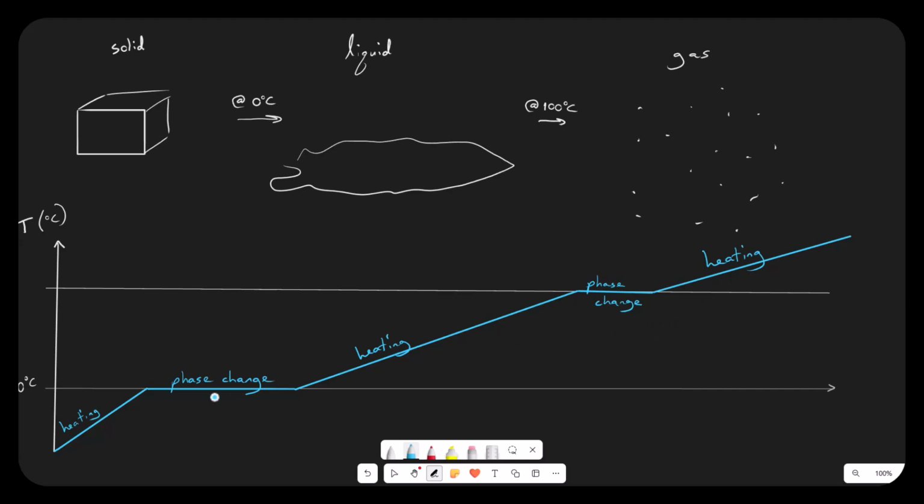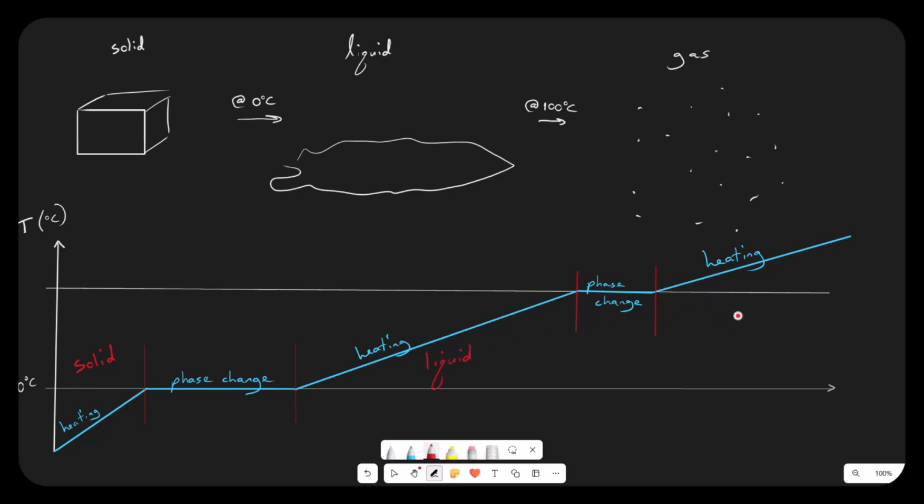There is nothing saying that solid water, liquid water, and gaseous water have to have the same heat capacity, and they don't. That actually won't be the case for much of anything. So in between these red lines we have phase changes. Over here we are in our solid phase. In between these we are in our liquid phase.